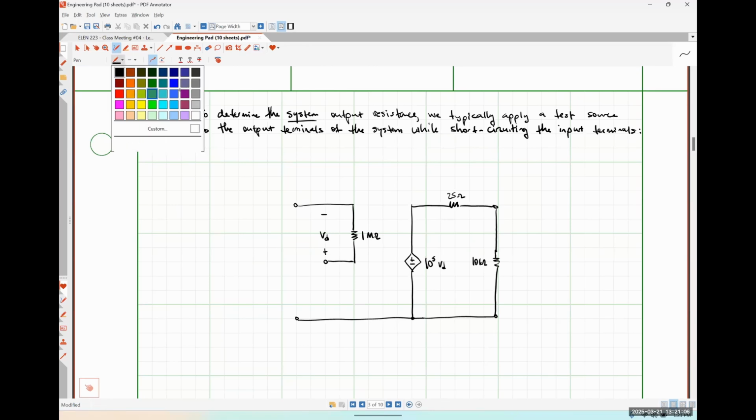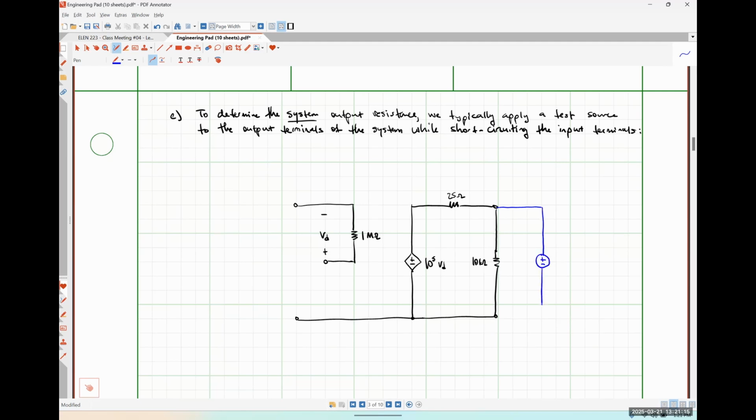So across my output terminals, I'm going to apply my test source. And I'm going to choose to have it be a 1 volt test source. And I'm now trying to find this current I test. And then the ratio of 1 volt to I test will be my system's output resistance.